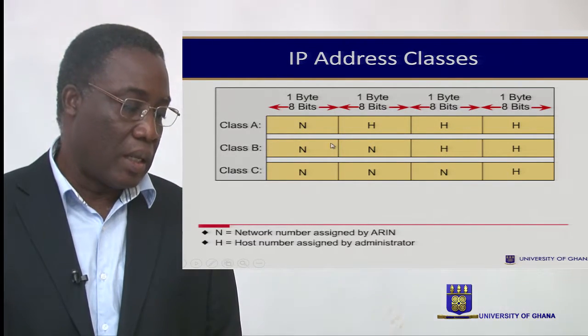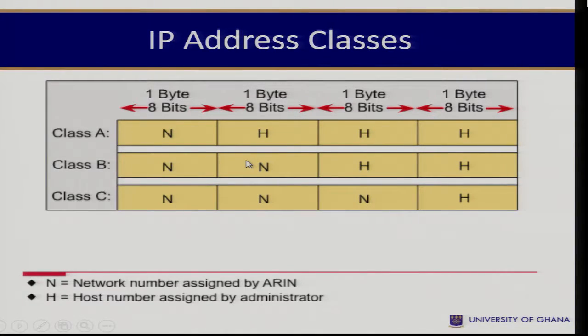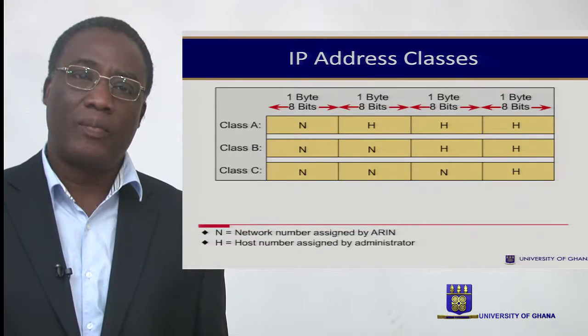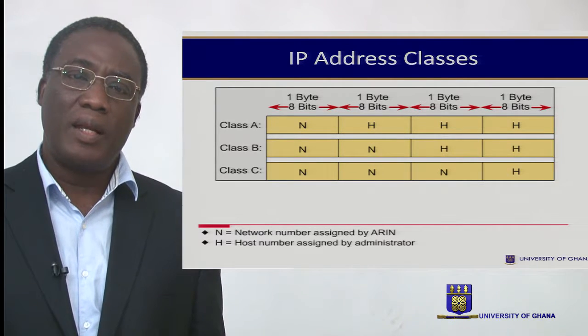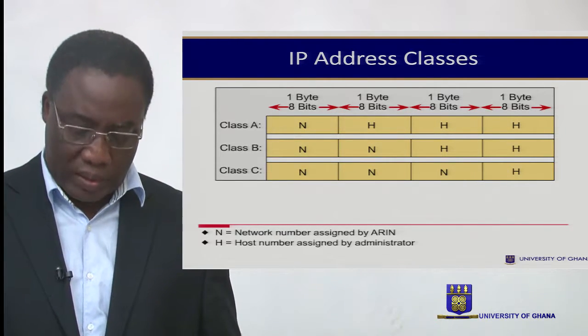Now, you can tell from here straight away that in certain classes, you can have more networks and fewer hosts. And in others, you have more hosts and fewer networks. So it all depends on the type of network you are trying to design, whether you need more networks or more hosts.